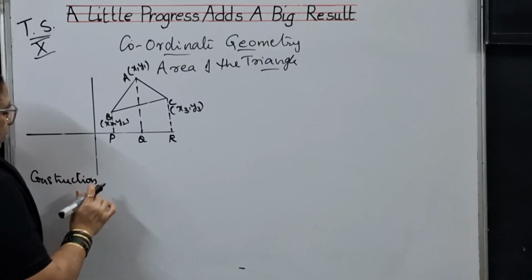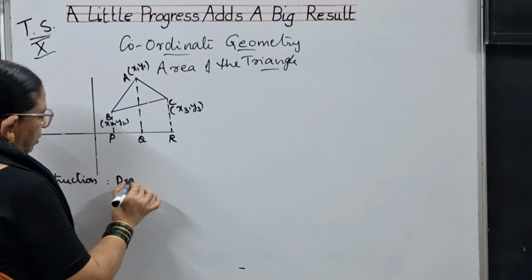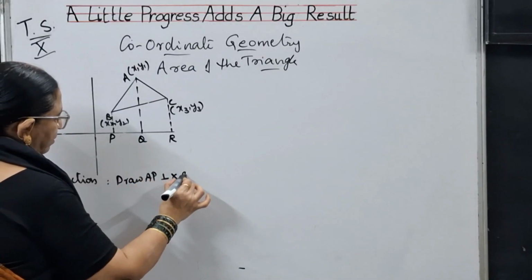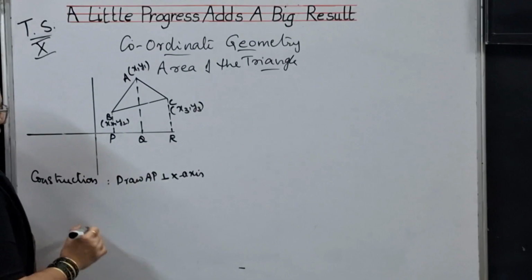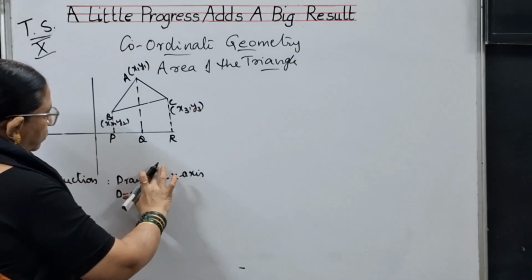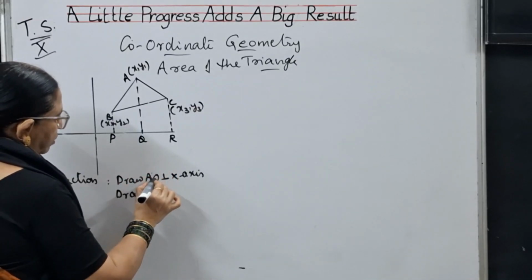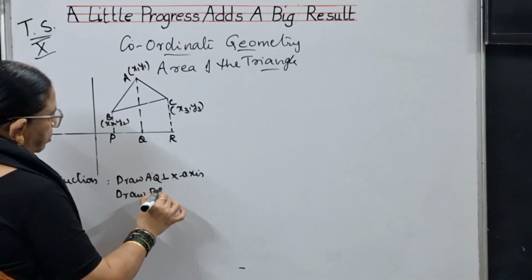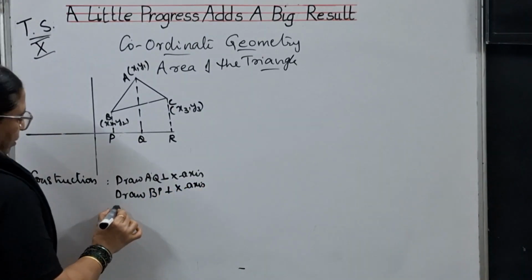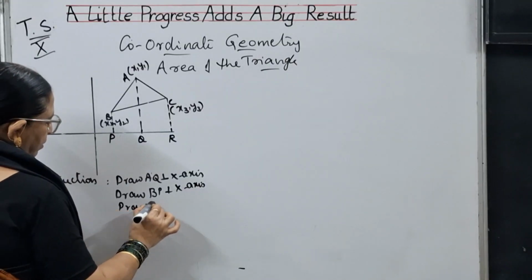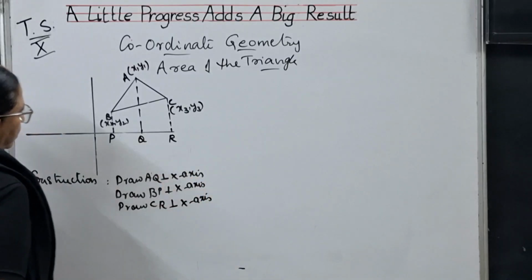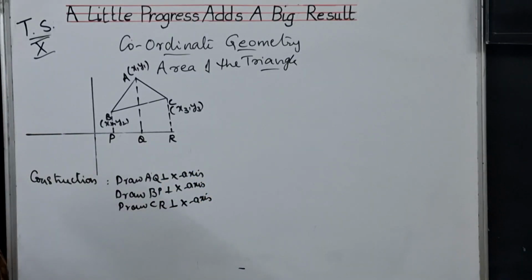Construction: draw AP perpendicular to x-axis, and draw BQ perpendicular to x-axis, and draw CR perpendicular to x-axis. This is the construction. That is why we have drawn it in broken lines.